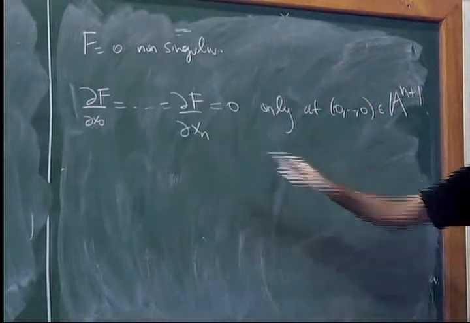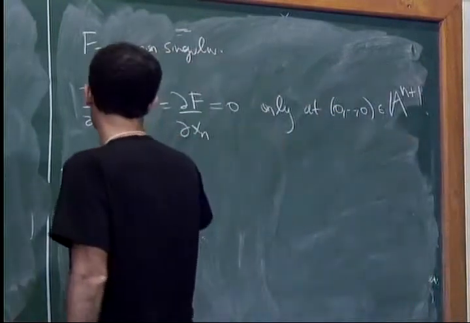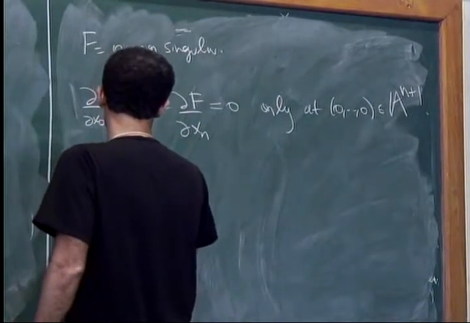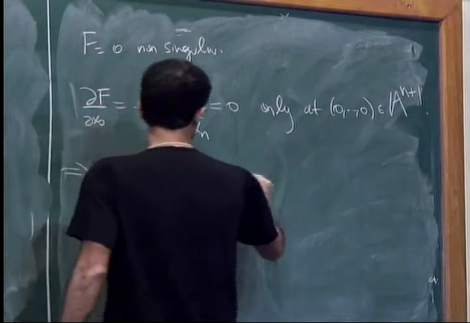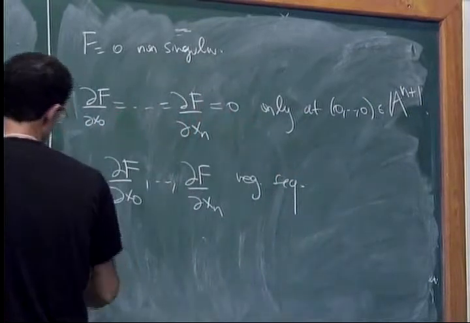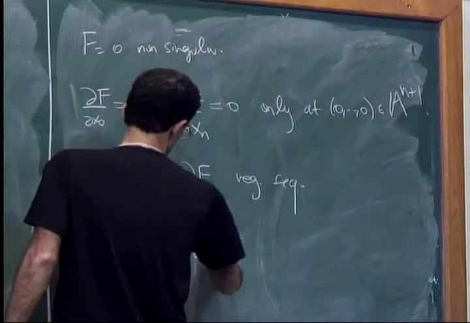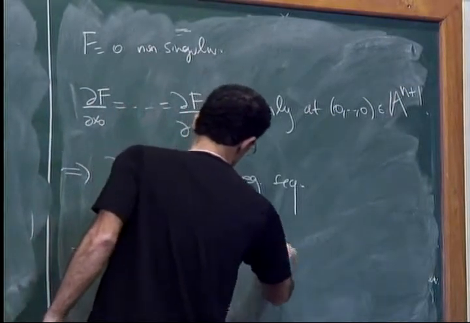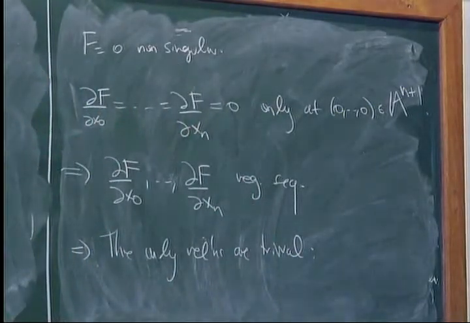Okay, so you have n plus 1 hypersurfaces cutting something of codimension n plus 1, and that implies that you have a regular sequence. So that's something from commutative algebra. And what you have from that is that the only relations are the trivial ones, or multiples, or sums, or combinations of the trivial relations.